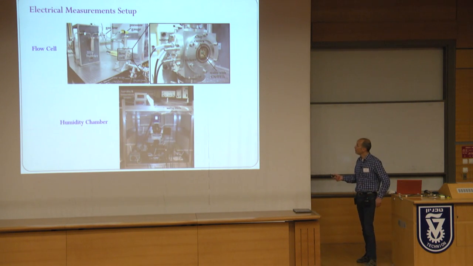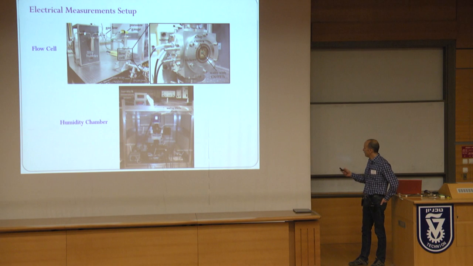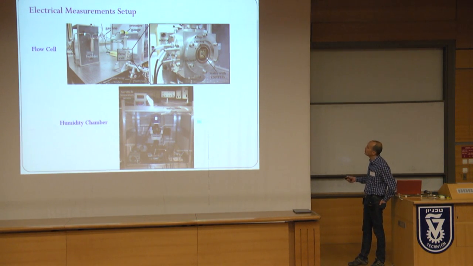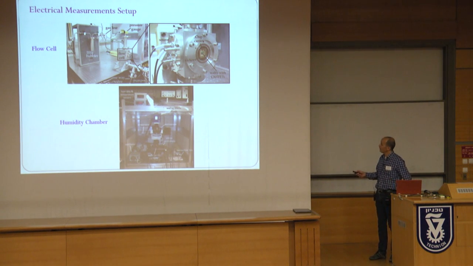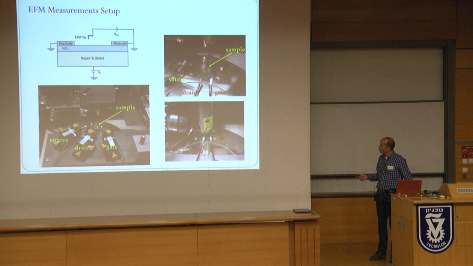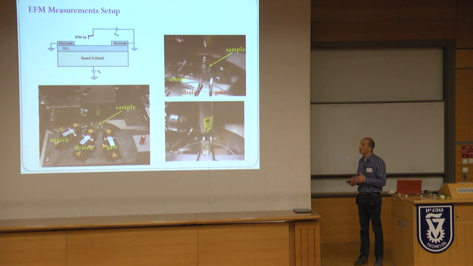The setup is very simple. We have a flow cell that can control the humidity, and another setup that can control the humidity, and another setup that can change many environments. The idea was that if you want to do a simultaneous electrical measurement through the carbon nanotube and EFM measurement, we would like to do everything in situ.